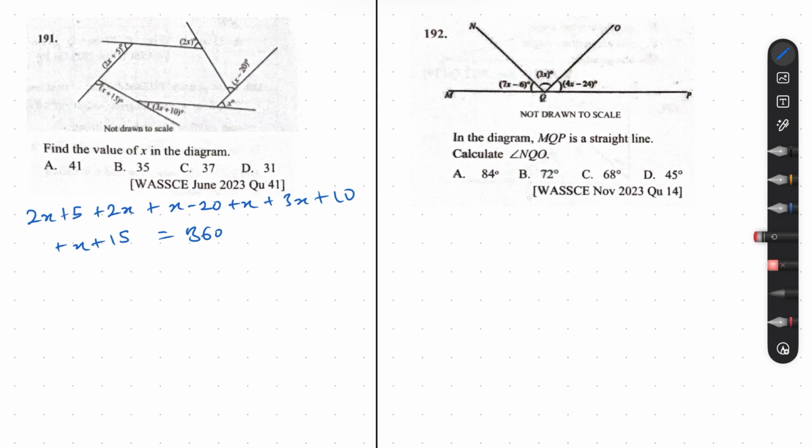Adding the x terms: 2x, 2x, 5x, 6x, 9x, 10x. Then we have 5 minus 20, negative 15, negative 5, positive 10, plus 10 equals 360.